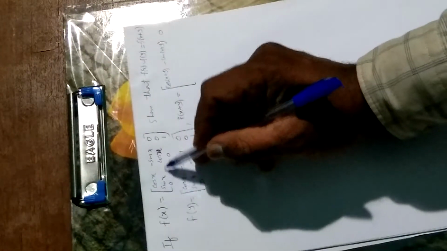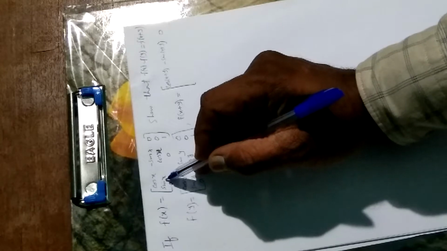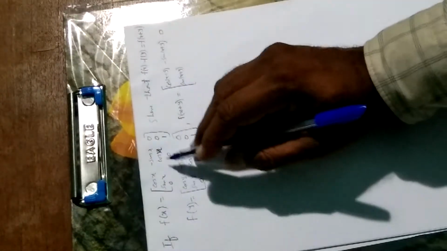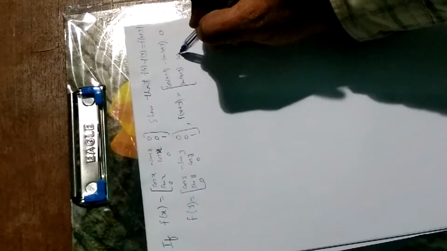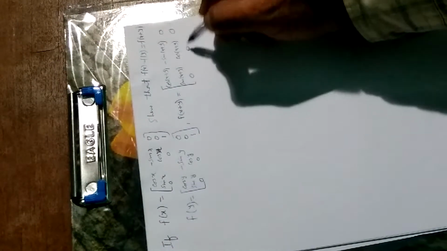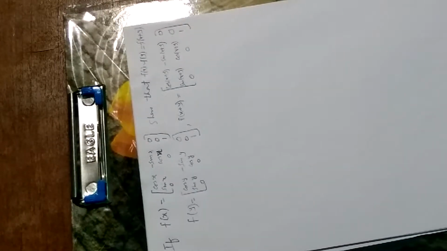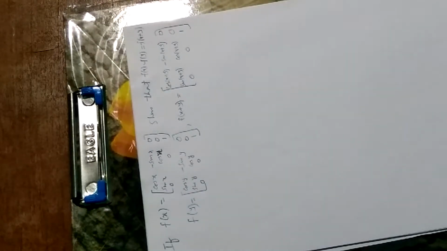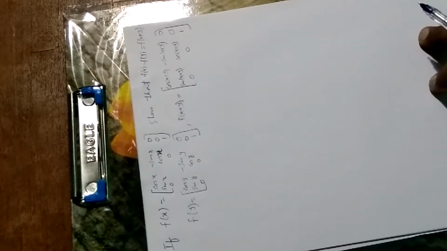Then in the second row, sin x will become sin x plus y. And then cos x will become cos x plus y. Then we have 0 as it is. Then we have third row 0, 0 and 1. This is f of x plus y, right?